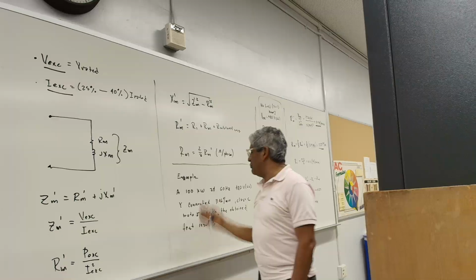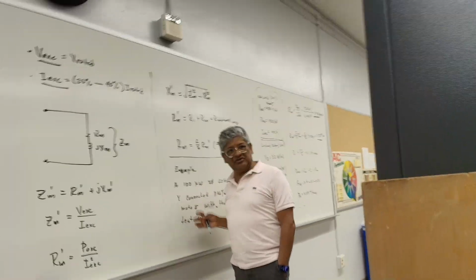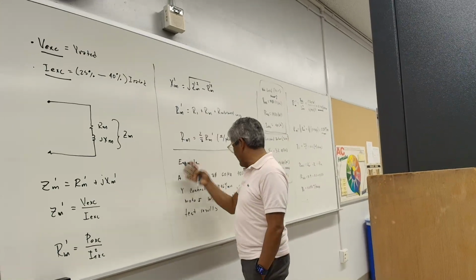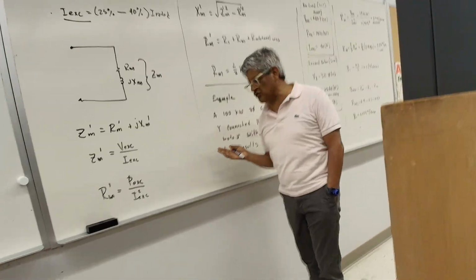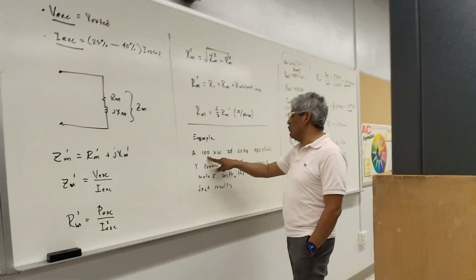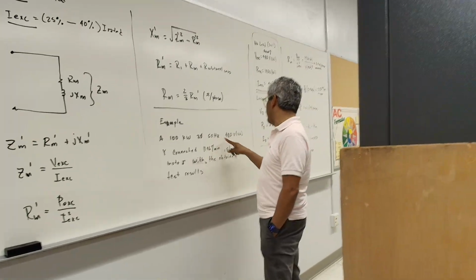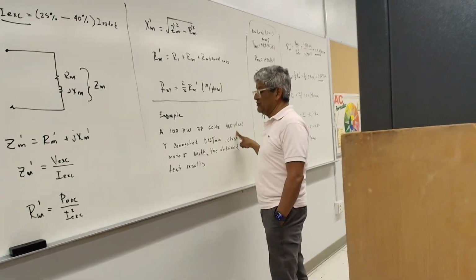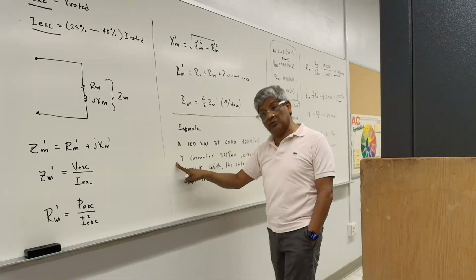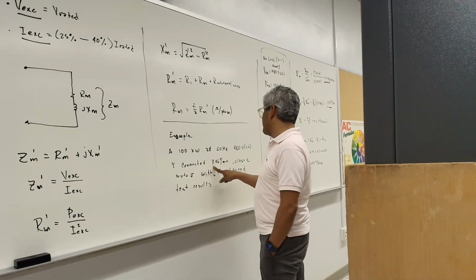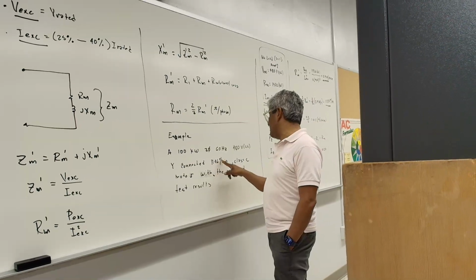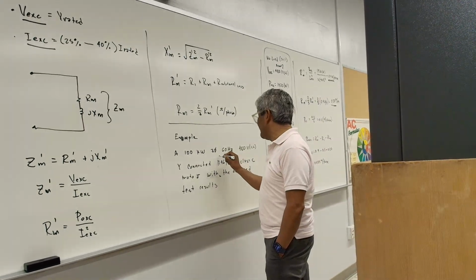Let me do a quick example, and you already did this. You're going to follow these equations, and this is basically what you got in your lab, just with different measurements, right? So if I have a 100 kilowatt, three-phase, 60 hertz, 480 volts line to line, Y connected machine, which is your case, right, that runs at 1146 revolutions per minute.